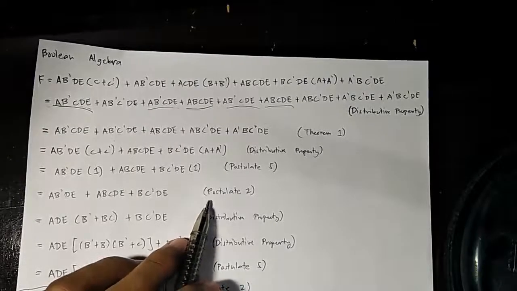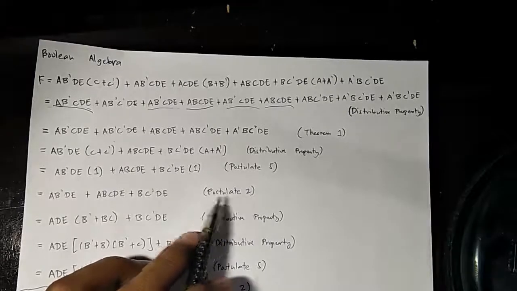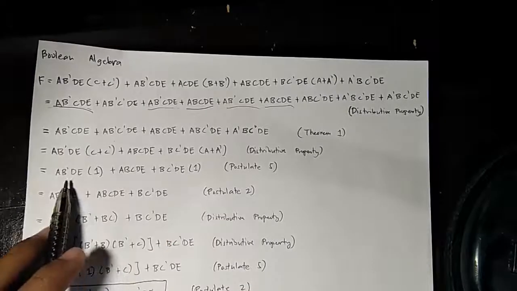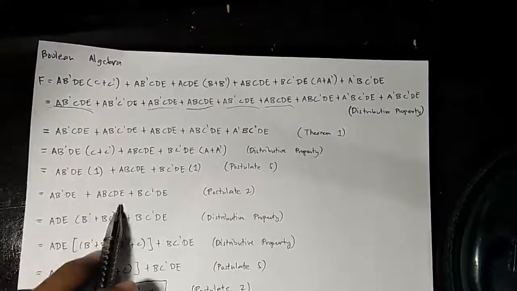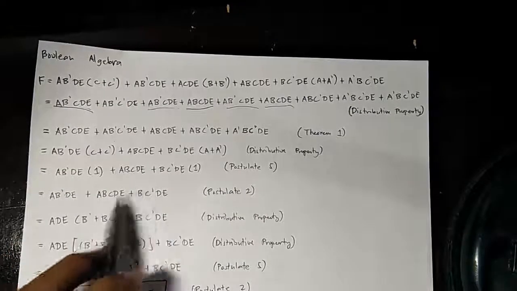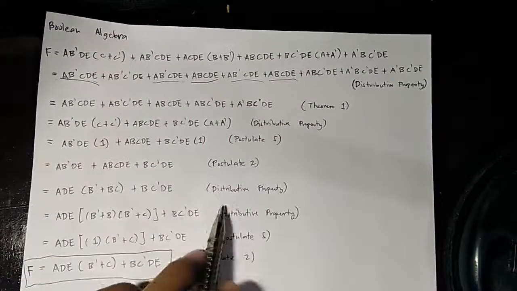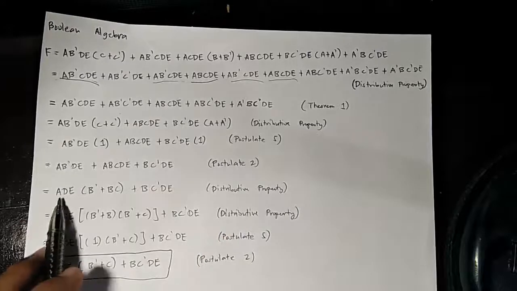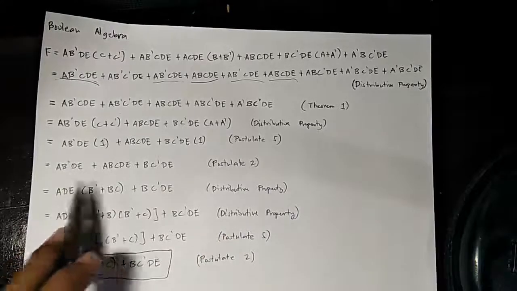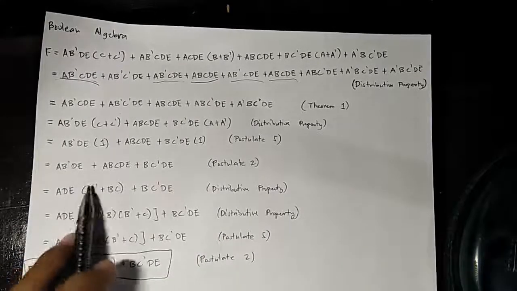So X and 1 will be X. So here we multiply this term by 1, and this will become the same term. And this also copy, and this also. By distributive property again, we're gonna factor out the ADE because it is common in these two here. We factor it out and just copy this down.